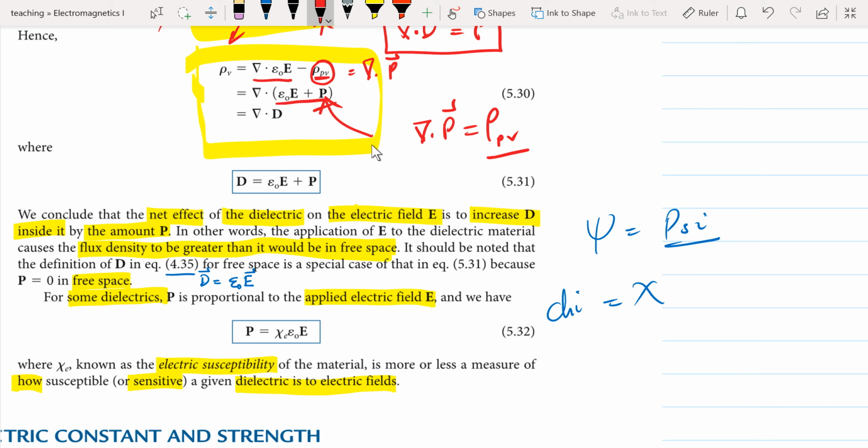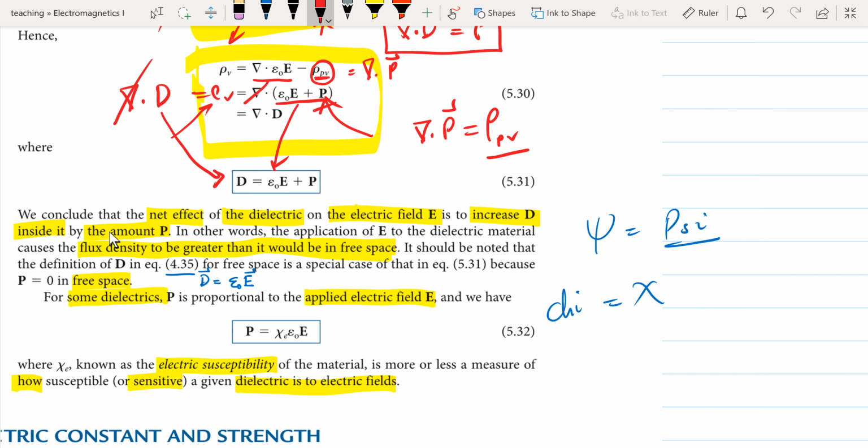And what this gives us is a very important result, because we know this to be rho V, and we have said in the past that divergence of D is the one that gives us that. That is what we met before. And therefore, we can now equate the terms, remove the divergence altogether, and say that D is equal to this term.